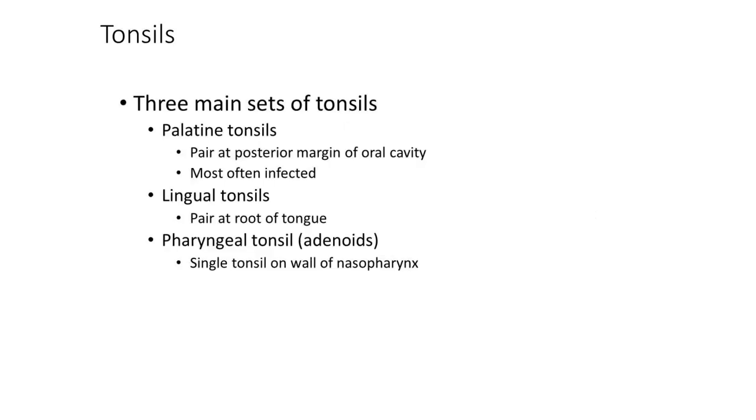We have three main sets of tonsils: the palatine, the lingual, and the pharyngeal. The palatine tonsils are a pair at the posterior margin of our oral cavity, and these are the most often infected. The lingual are a pair at the root of our tongue, and the pharyngeal are a single tonsil on the wall of our nasopharynx.